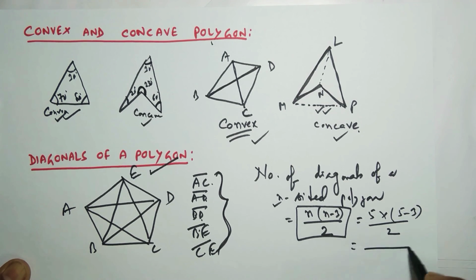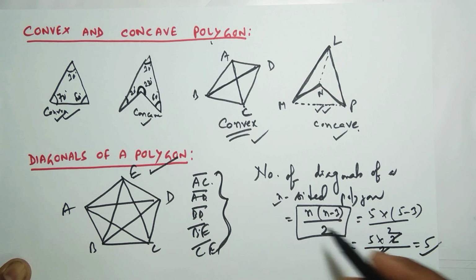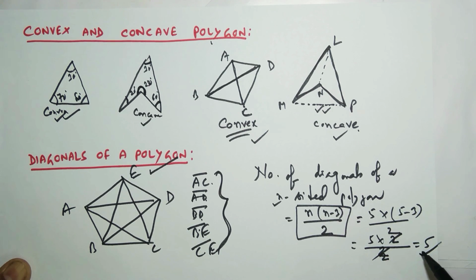This equals 5 into 2 divided by 2. The 2 and 2 get cancelled. So what is the answer? 5. By drawing I got 5 diagonals. Without drawing, directly using the formula n into n minus 3 divided by 2, you can get the number of diagonals, and this formula gives 5.